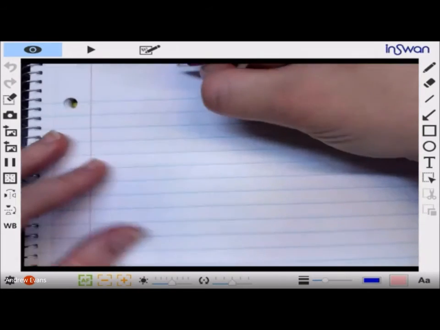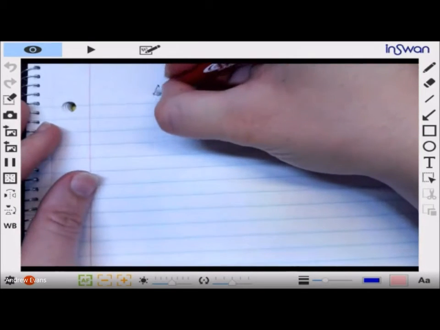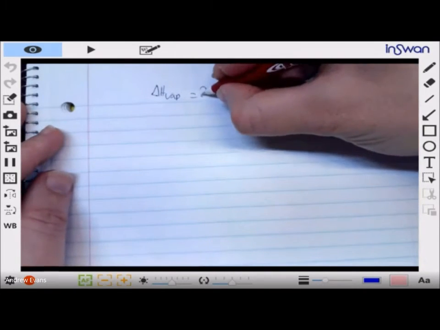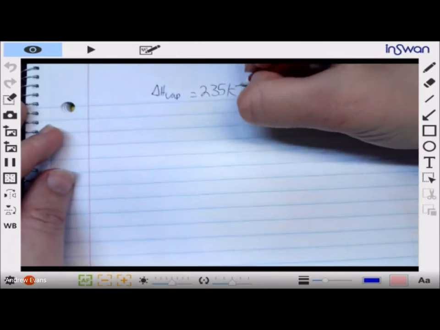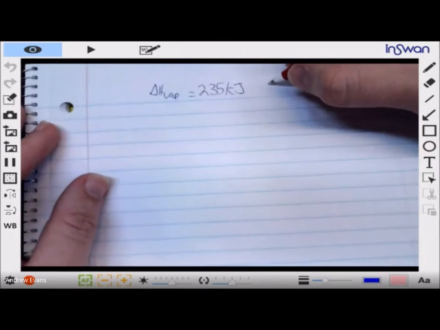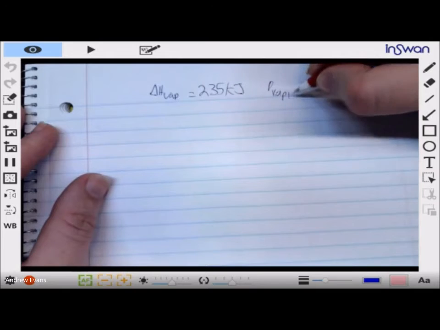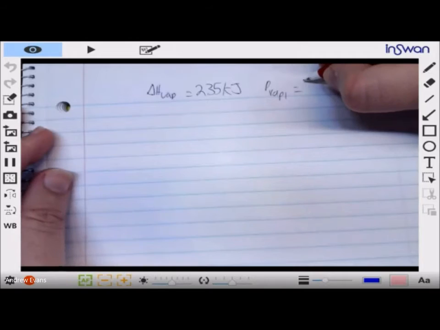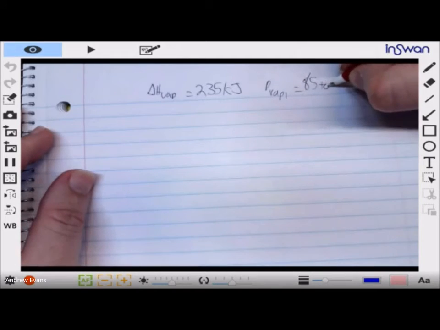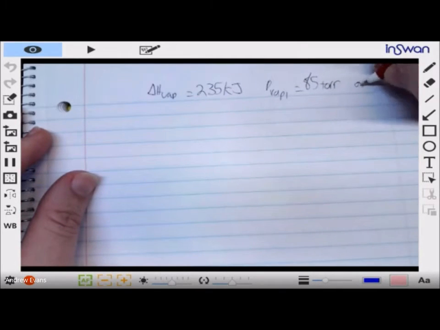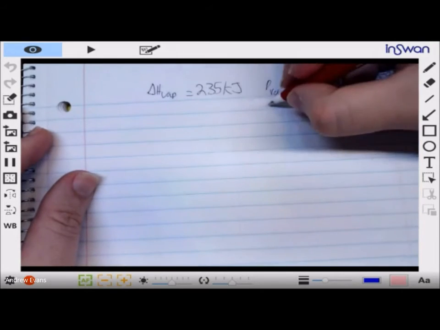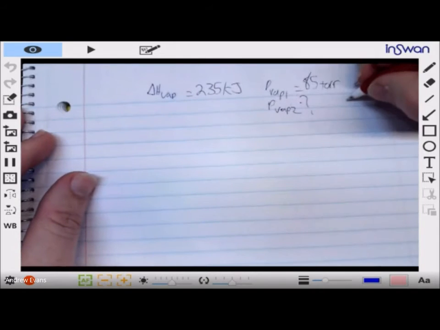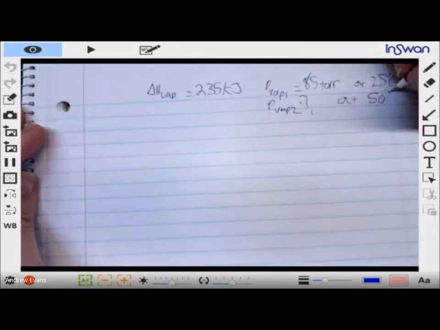Let's say the ΔH of vaporization was 235 kilojoules, and the P vap 1 was 85 torr at 25 degrees C. What is the P vap 2 at 50 degrees C?